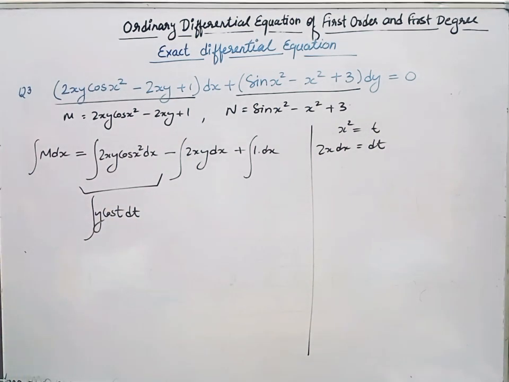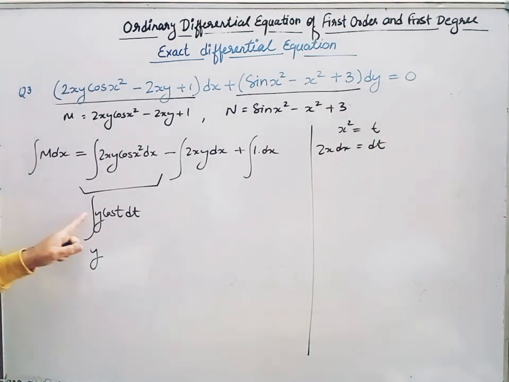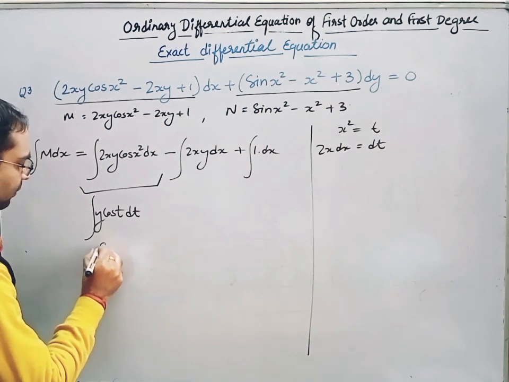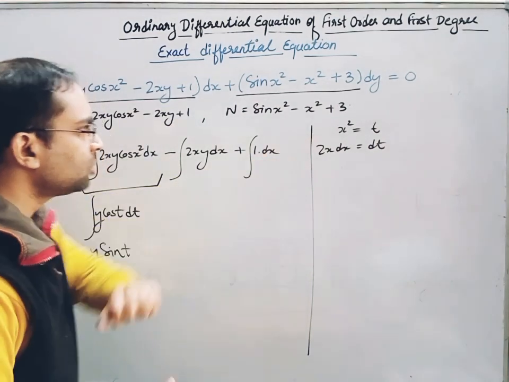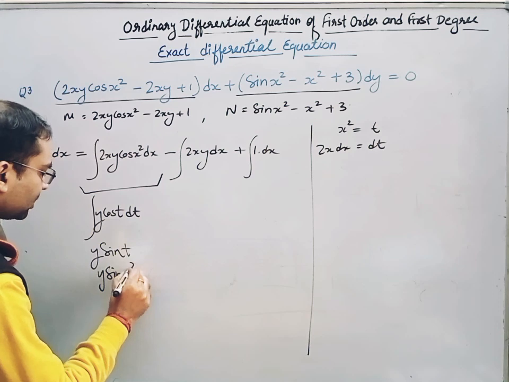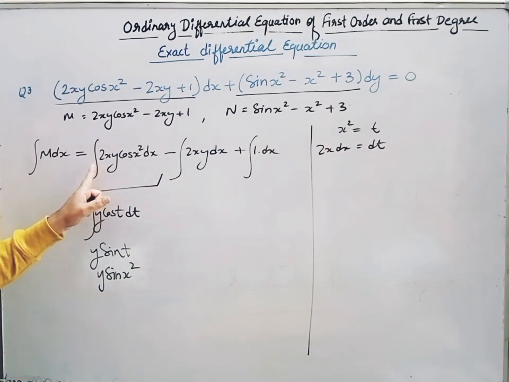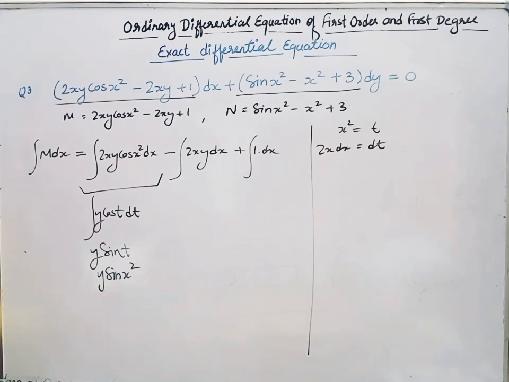So this is the integral of cos t actually, because y is constant. We can keep y outside and then perform the integral of cos t, which is sin t. So this will be y sin t, and then we'll replace t back, so this will be y sin of x square. So the integral of 2xy cos x square dx comes to be y sin of x square.